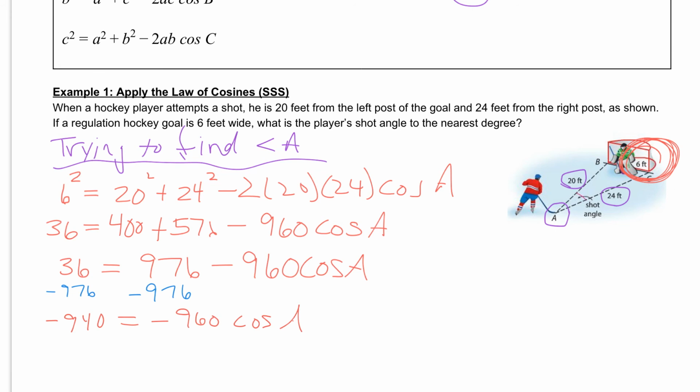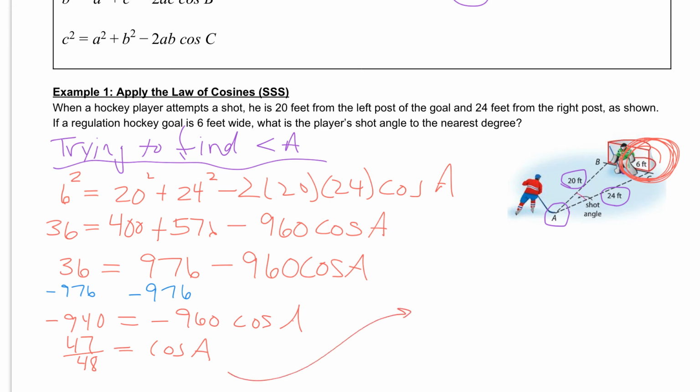And then what we have to do to get rid of the number in front of that cosine, we have to go ahead and divide both sides by that negative 960. So if I divide negative 940 by negative 960, I'm going to get 47 over 48. So I have 47 over 48 equal to the cosine of A. And then to get A out of the cosine, I need to take the inverse function.